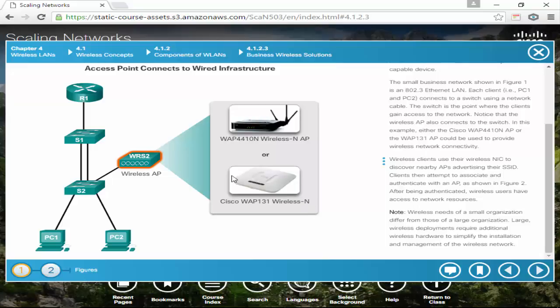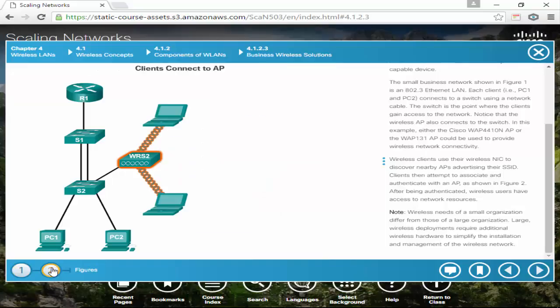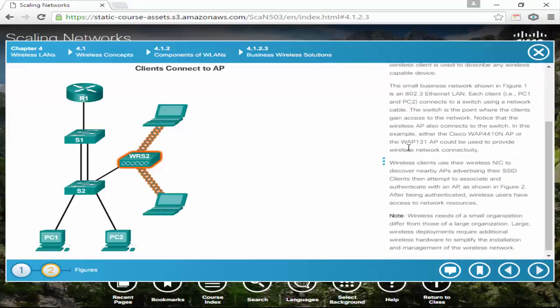They probably have built-in radios, especially now, for both 5 gigahertz and 2.4. Unless they are an AC access point, then we know that they are probably only broadcasting 5 gigahertz. Alright, so then our wireless NICs say, hey laptops, connect to the access point, and that's what you're seeing right there.